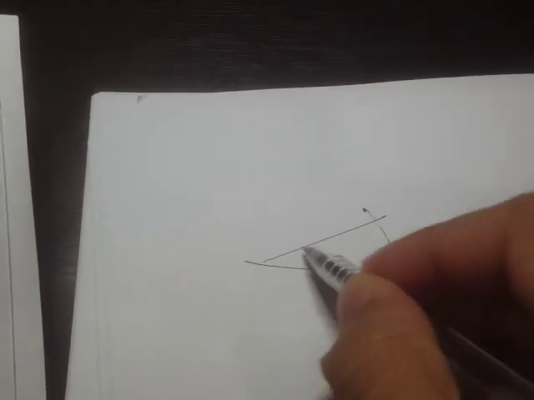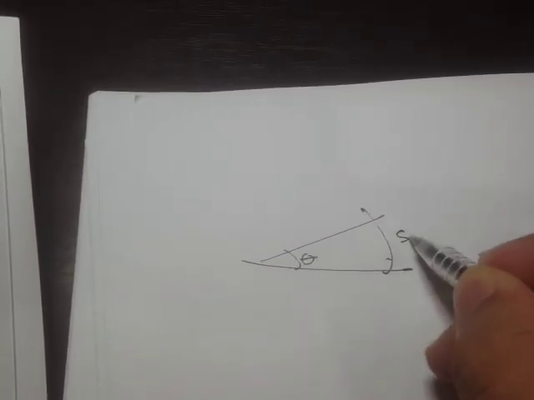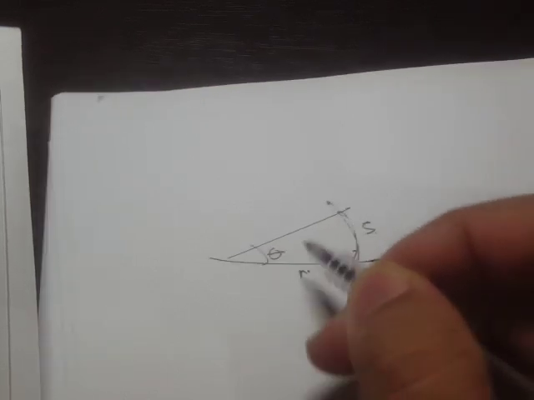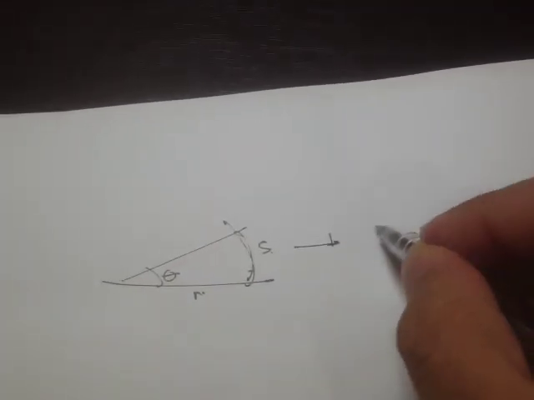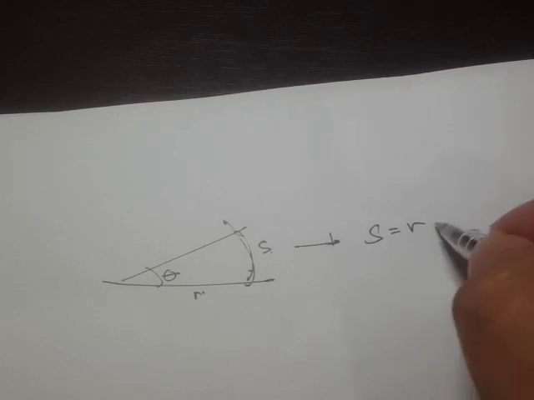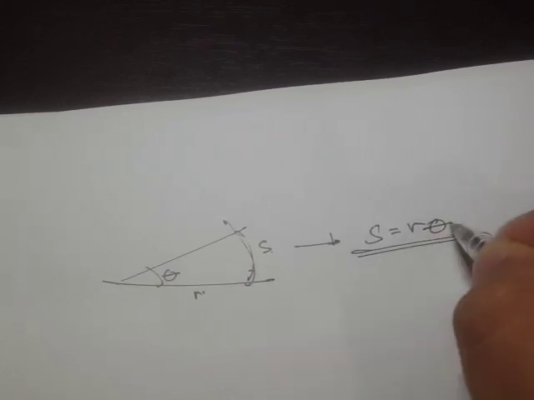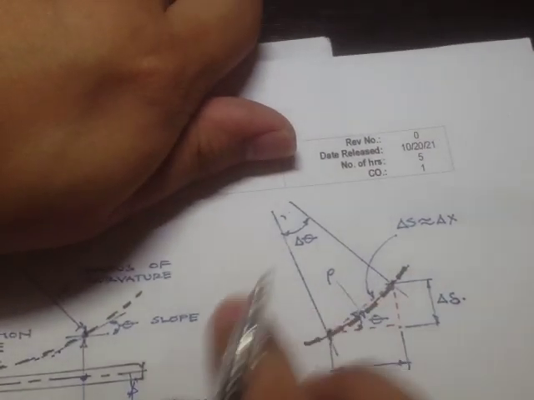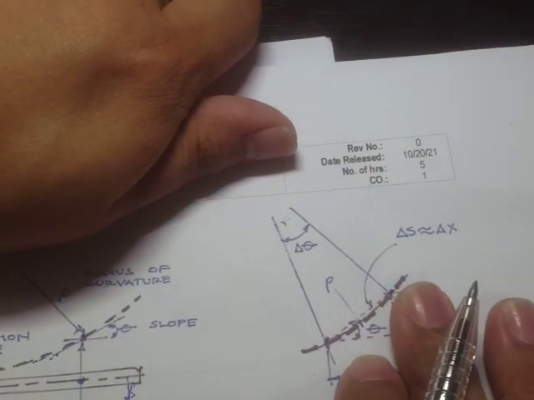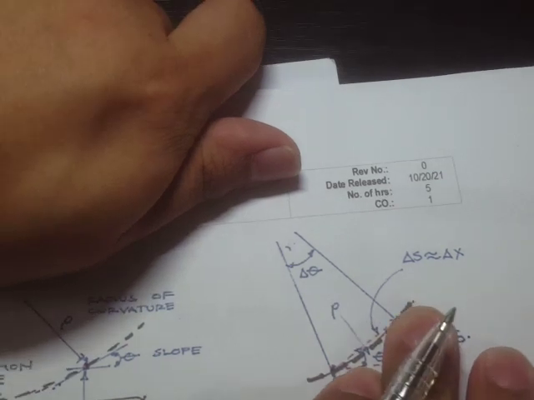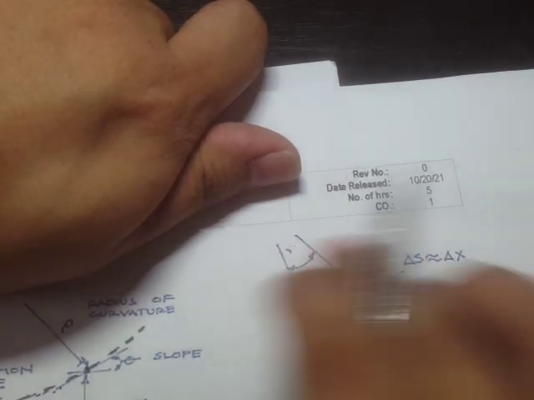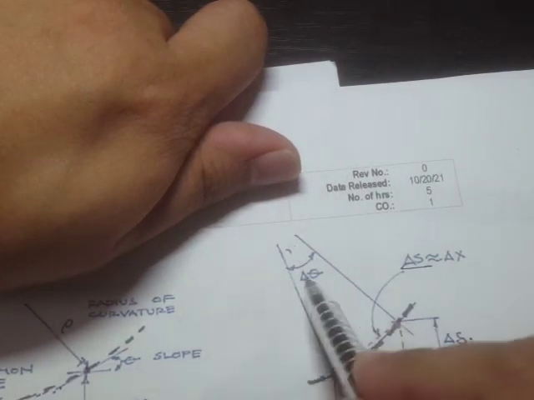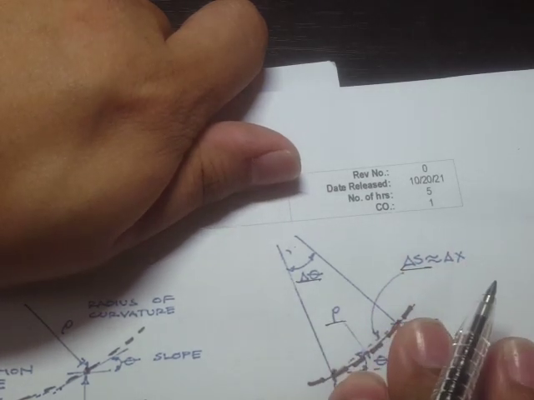And its relationship is simply from basic geometry: if we have this arc length and we have this radius, we know that the arc length is simply equal to the radius times theta, or the angle. Okay, now what is our arc length if we are referring to this figure? And again, we only consider this one, and this one, for now.